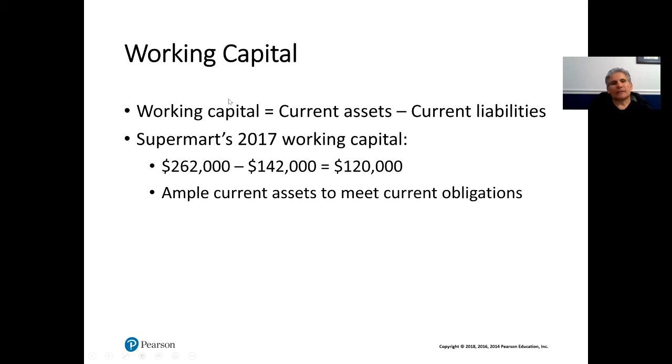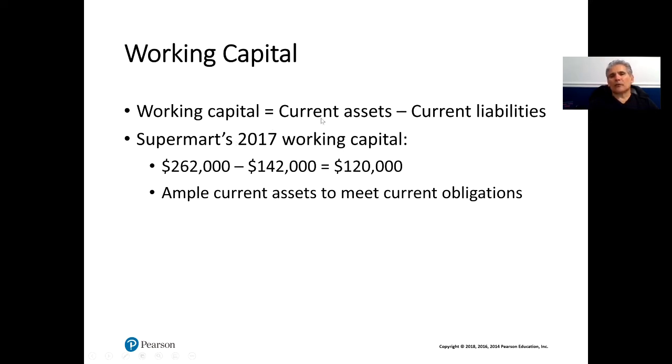The conclusion is that Supermart has ample current assets to meet its current obligations. If this were a negative number, then we would be concerned. But it appears it's not a negative number, and it appears to be large enough to fulfill its current obligations.